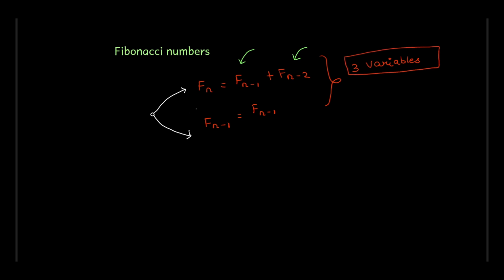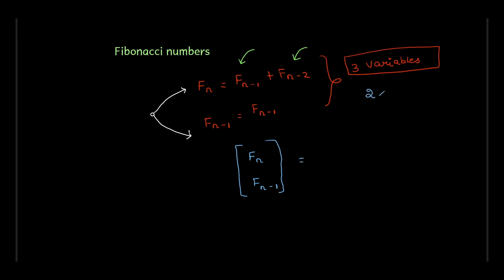But can you write this down as a matrix instead of having to deal with two equations? So if you were to write it as a matrix, what would that look like? So you would have f of n over here, you would have f of n minus 1 over here, and you can see that on the right hand side. So this is a 2 cross 1 array, right?